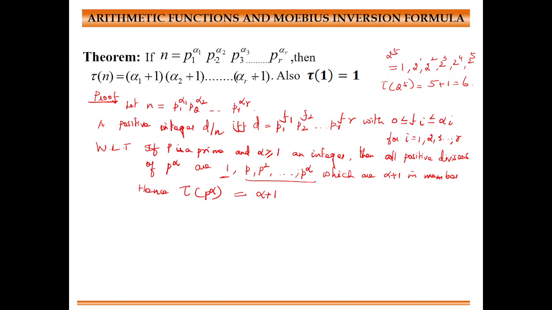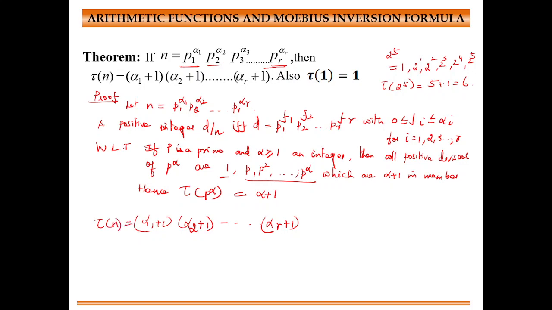Likewise, the number of positive divisors of P1 to the power alpha 1 is alpha 1 plus 1, of P2 to the power alpha 2 is alpha 2 plus 1, up to the number of positive divisors of PR to the power alpha R, which is alpha R plus 1.